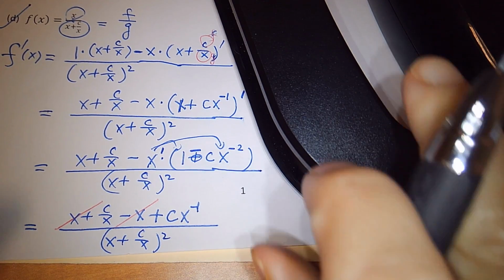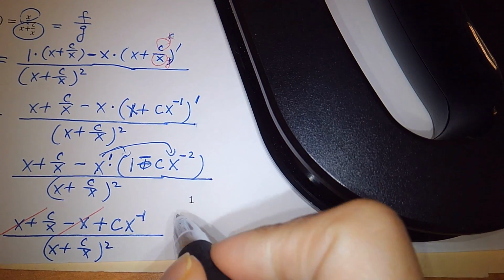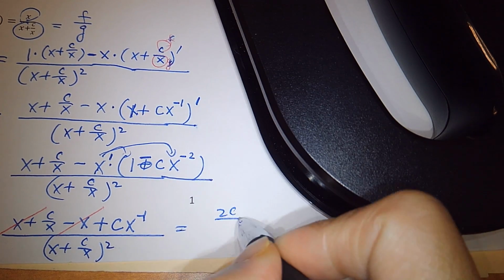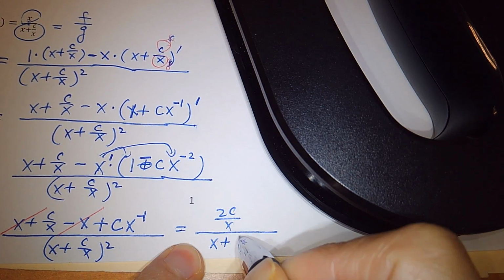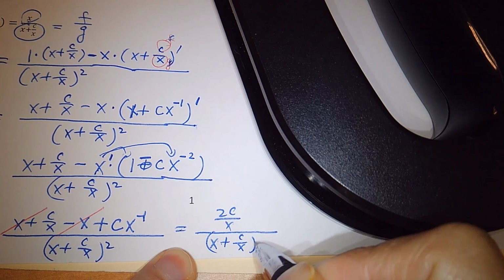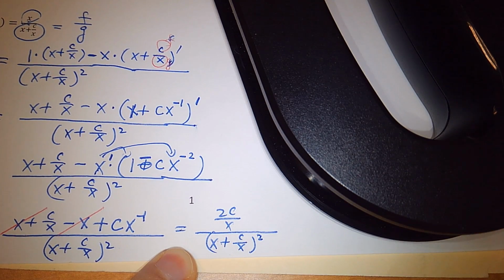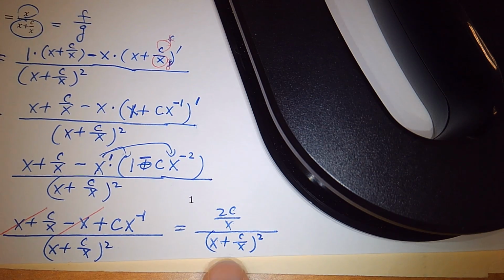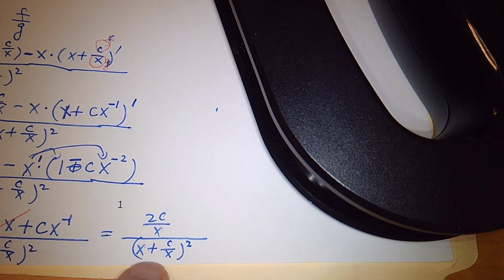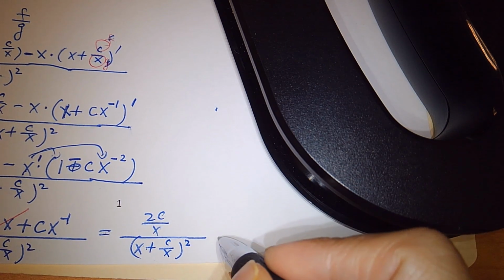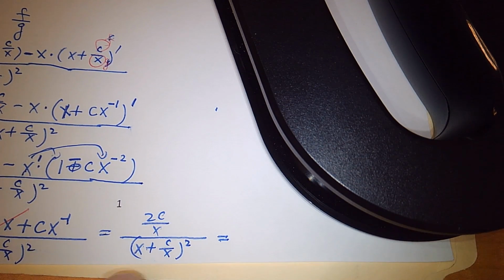So actually on the top, we should have 2c over x divided by what? x plus c over x, what? Square, right? So 2c over x divided by x plus c over x squared, we can rewrite this as what?